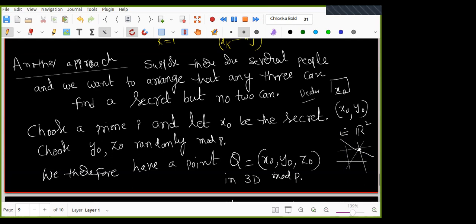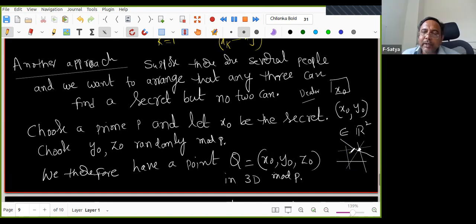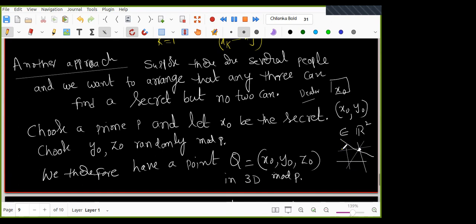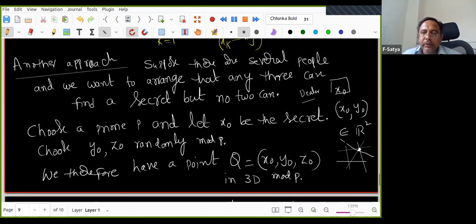Yes, sir. But if 2 people come together, can they get it? For example, Suresh and Mehak come. Suresh, you have this line passing through this point. Mehak has this line passing through this point.